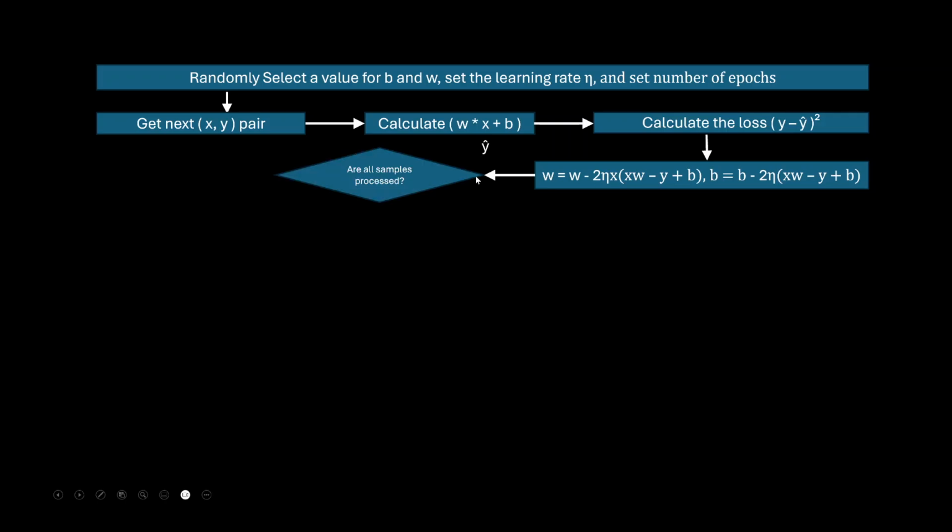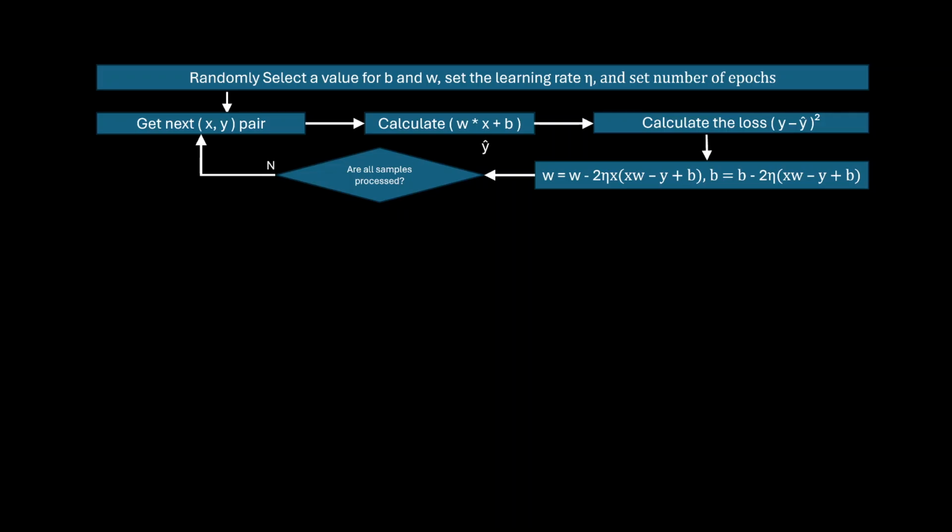Then we ask the question, are all the samples processed? Meaning each pair is one sample. Each input-output pair is one sample. Then we ask the question, are all the samples in the training data processed? If no, then we go and get the next pair.